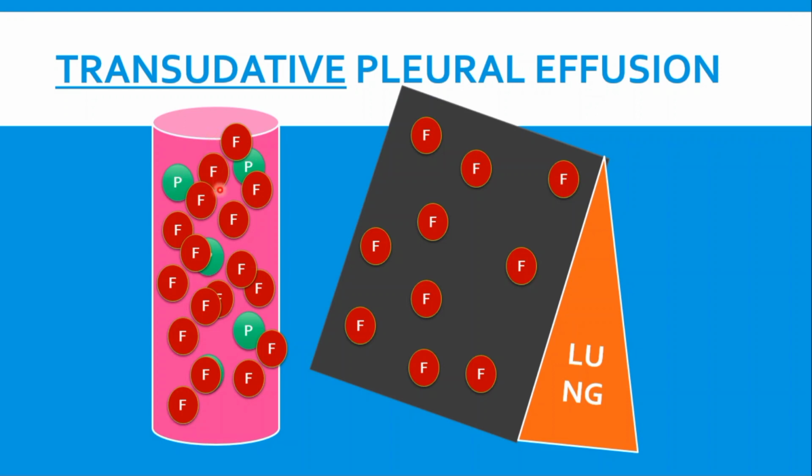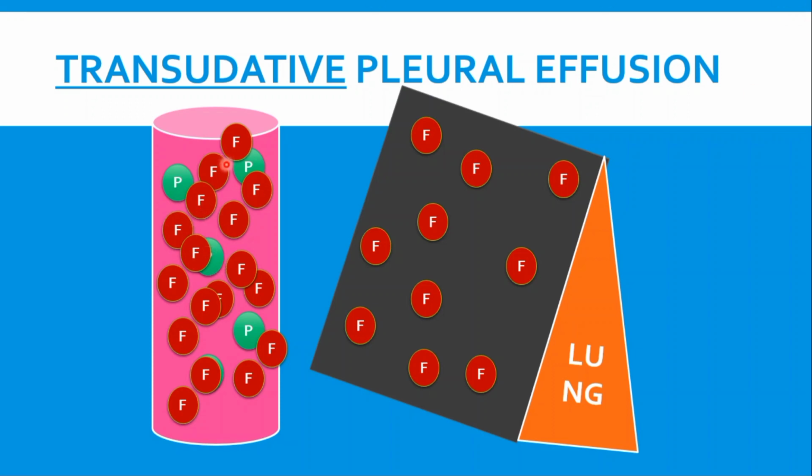When the protein amount decreases, for example the protein becomes 3, the fluid will also reduce. How does it reduce? It just goes out so that it can maintain the amount of protein present inside.